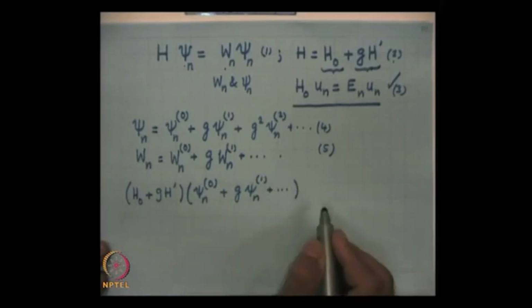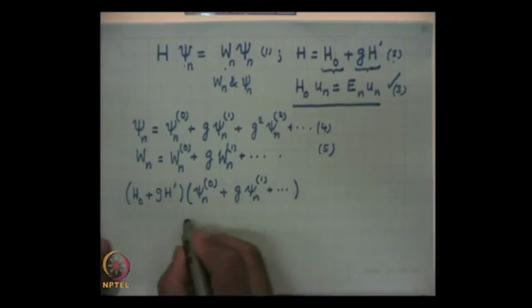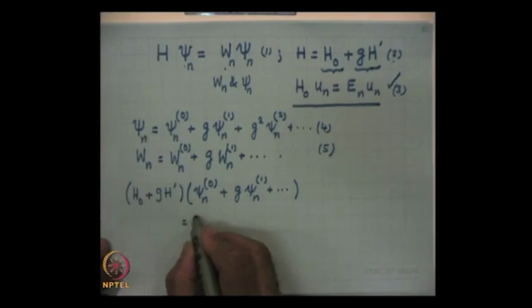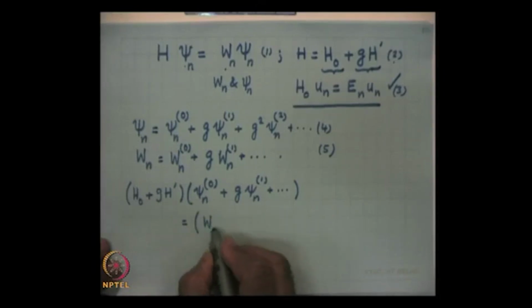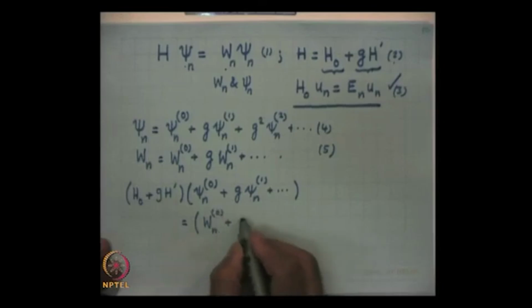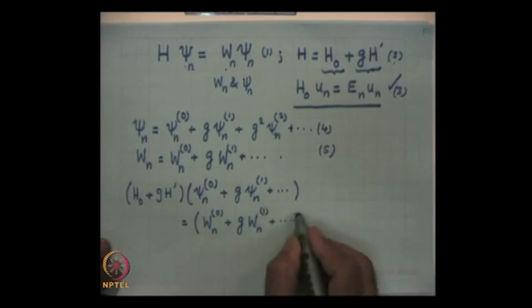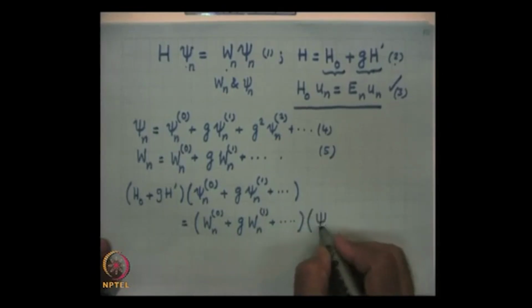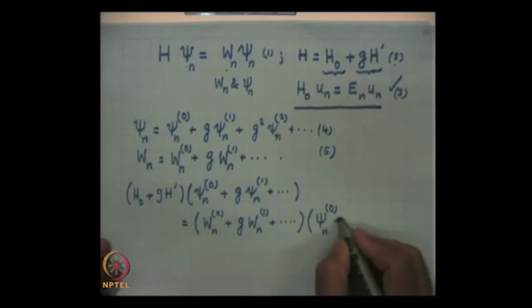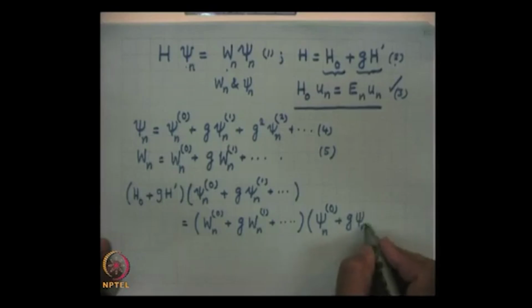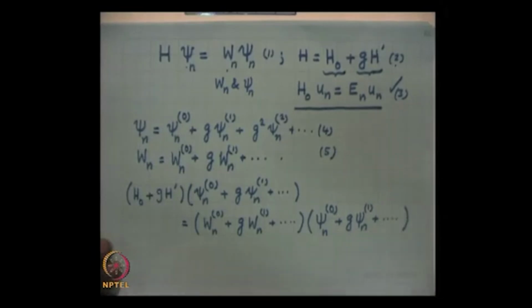Let me neglect the higher order terms right now, is equal to bracket W n, that is W n 0, the 0th order term plus the first order term multiplied by psi n 0 plus g psi n 1 plus this. Now, I multiply this out and collect terms of different powers of g.